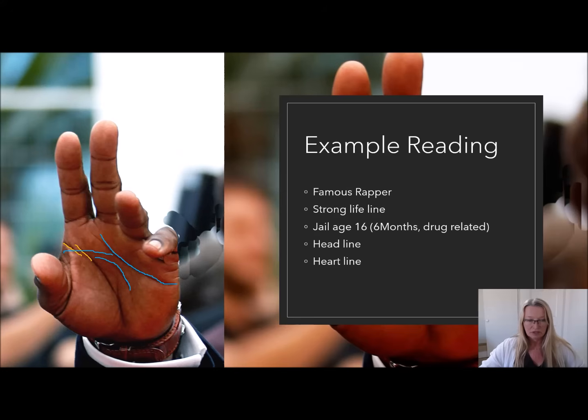And looking at the rest of his hand, you can see how much creative energy he has also based on the size of this mount of moon. He's got quite a big curve on the edge of the palm and lots of physical energy based on the ball of the thumb. His fingertips look quite puffy.